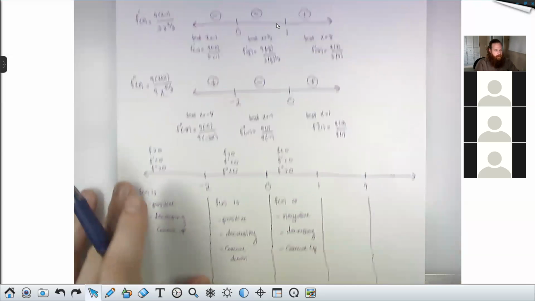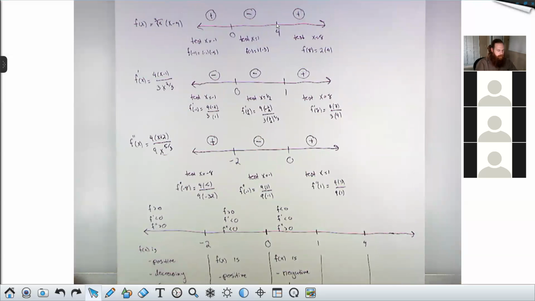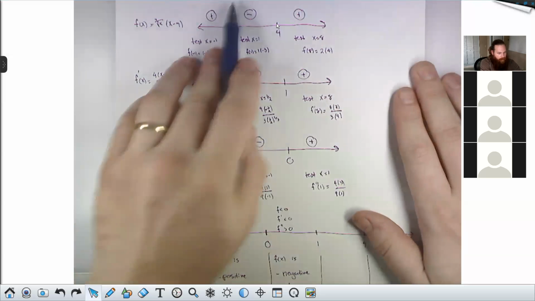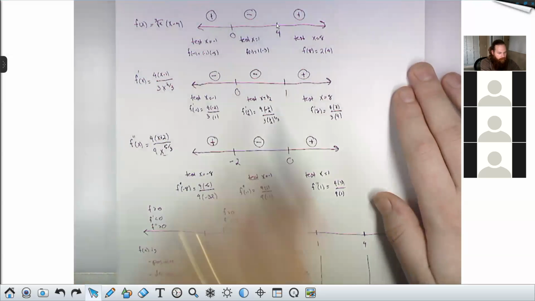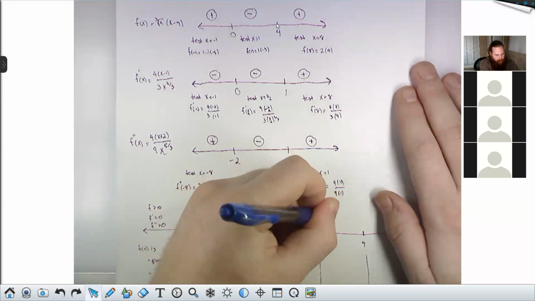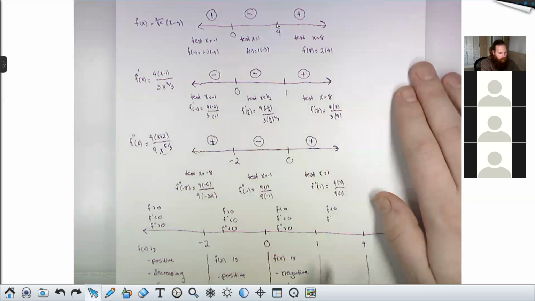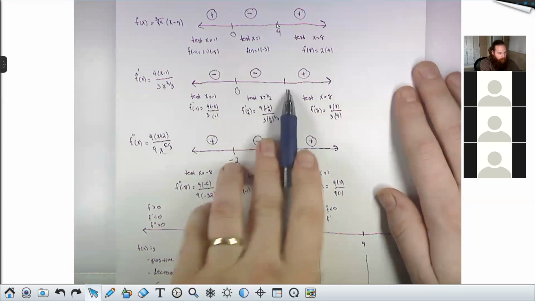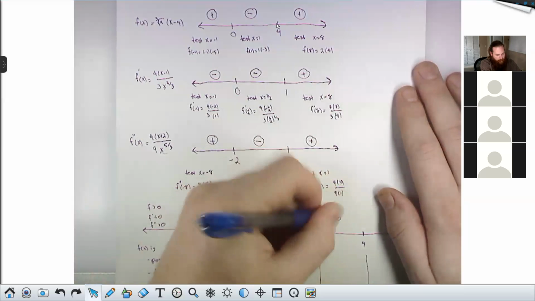Two more regions to fill out. To the right of 1, f itself is still negative because from 1 to 4 is definitely in here between 0 and 4, so f is less than 0. F prime, I'm looking between 1 and 4, f prime is positive because f prime becomes positive at 1 and stays positive.